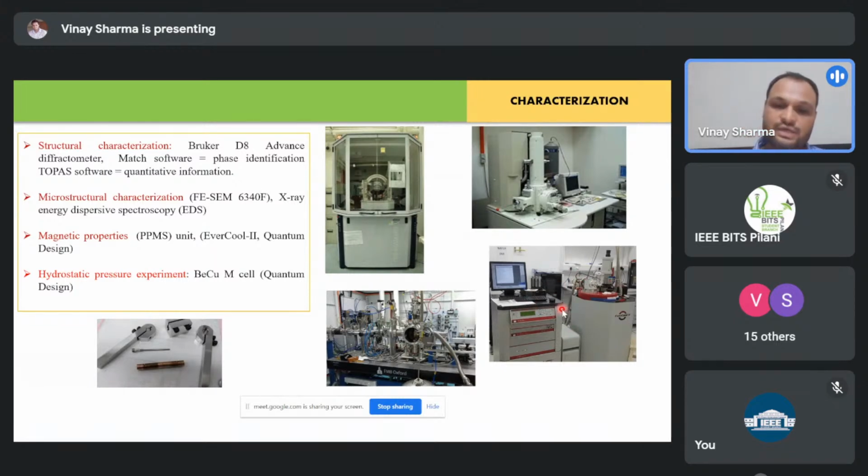If you are studying the thermodynamic properties, then the specific heat and entropy of this material can be studied using this technique. So this is a very strong characterization tool called the physical property measurement system. I assume there would be one such tool in BITS Pilani also. Then the last one is even more sophisticated, but I won't go through it.